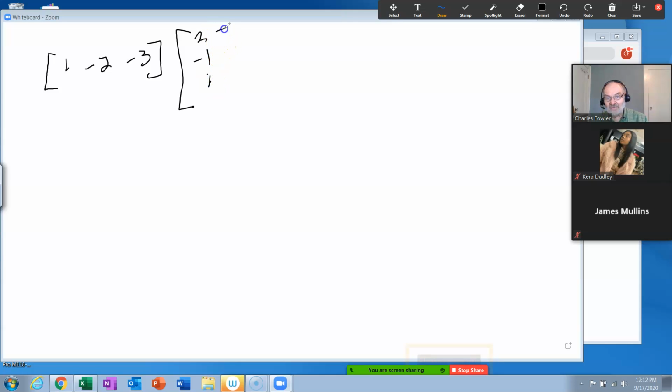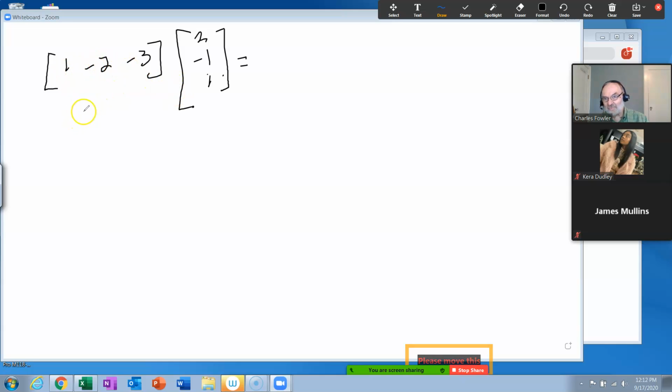And by the way, this is what they call a column matrix or a column vector. So what is the dimension of this one? What's the size? Can we even multiply these?